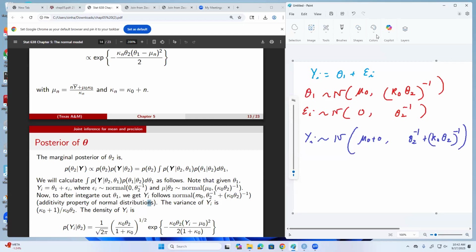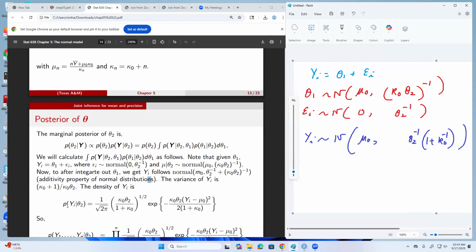So yi follows a normal distribution with mean mu sub 0 plus 0, and the variance is theta 2 inverse times (1 plus k0 inverse).